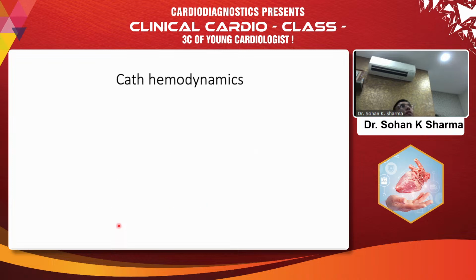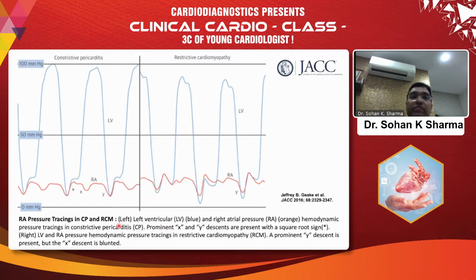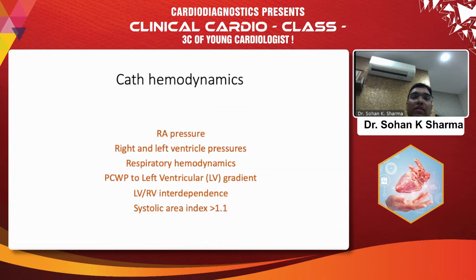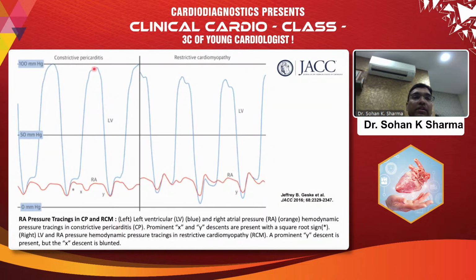Now coming on to the cath hemodynamics. These are the various pressures that should be measured. This is the tracing of constrictive pericarditis. This is on the right side, this is RCMP. You see there is an increase in diastolic pressure, number one. There is a dip and plateau configuration.